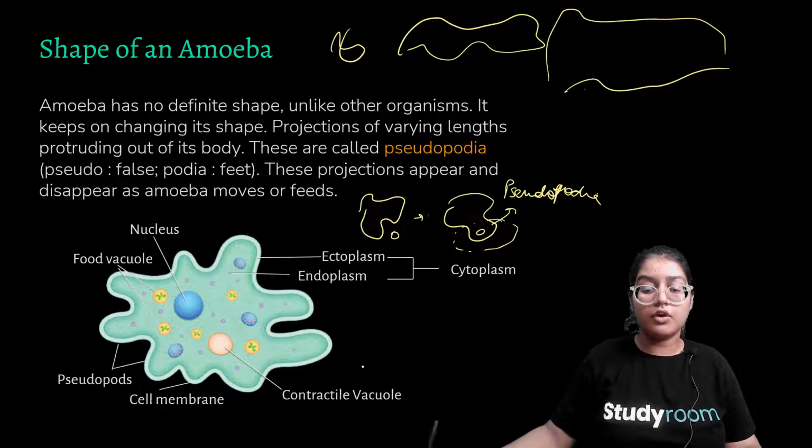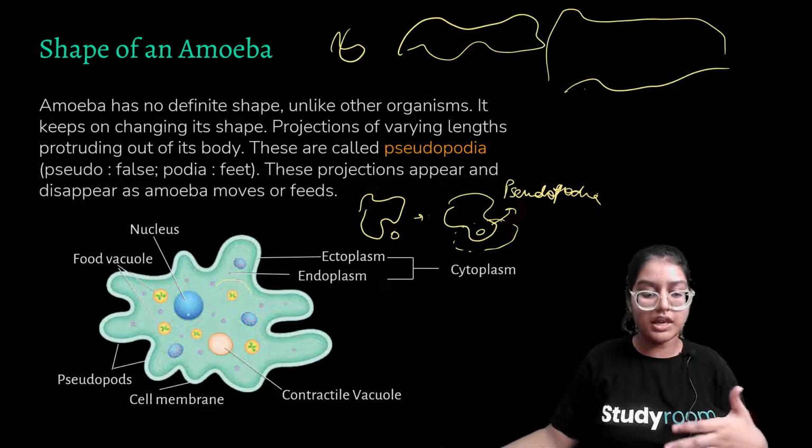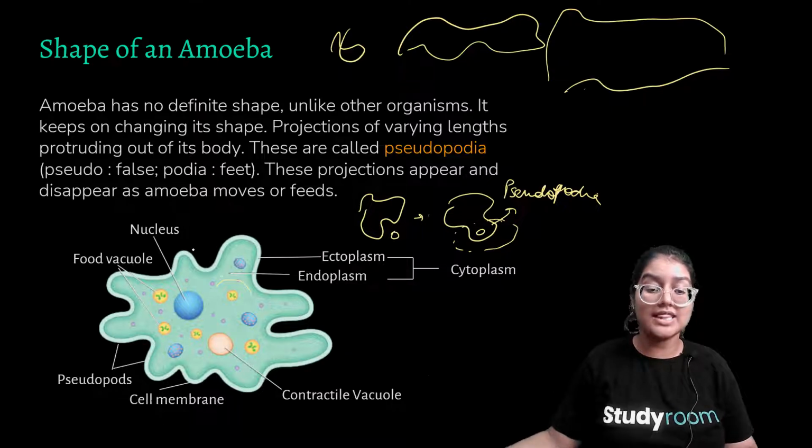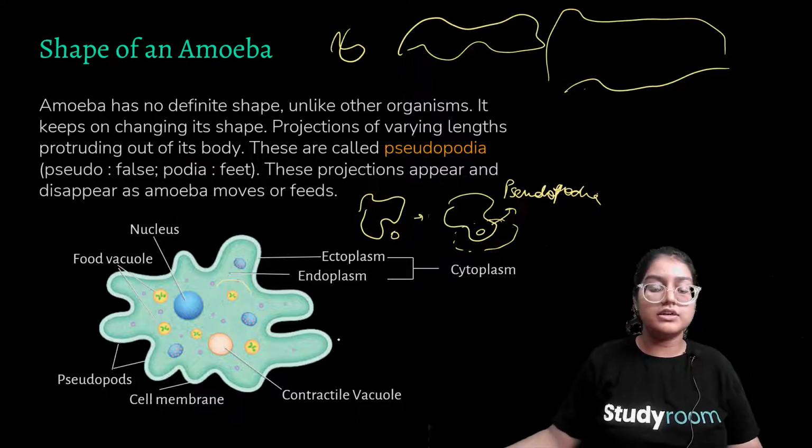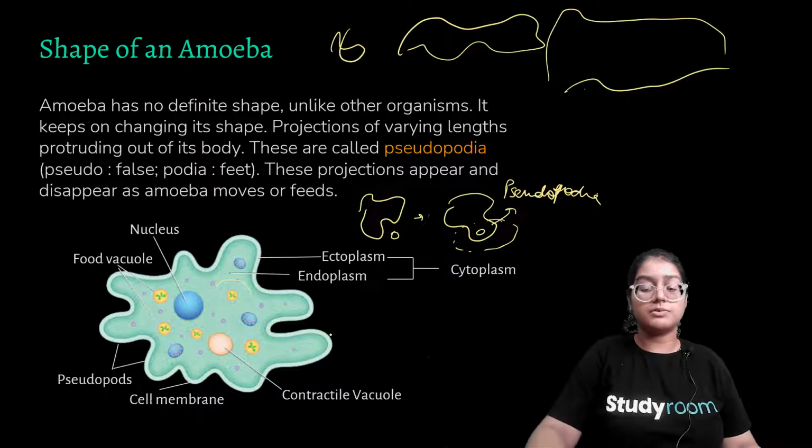We have contractile vacuoles, ectoplasm and endoplasm. Cytoplasm is the substance present between the nucleus and the cell membrane. Every light sky blue structure you can see in this picture is cytoplasm. Cytoplasm can be called ectoplasm or endoplasm depending on whether it is present outside or inside.